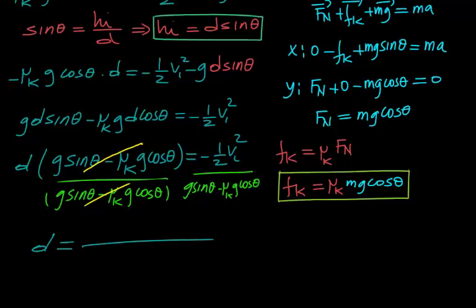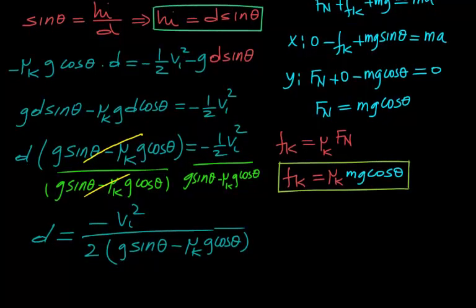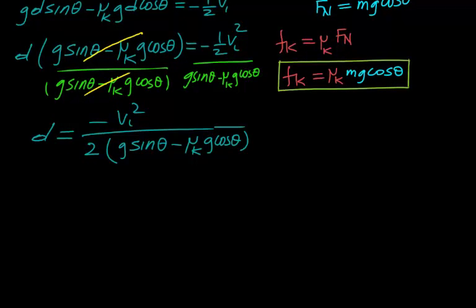negative v initial squared over 2 times g sine theta minus mu k g cosine theta. If you want to rearrange this equation into a better form, multiply the top and the bottom by negative 1, and d becomes v initial squared at the top.